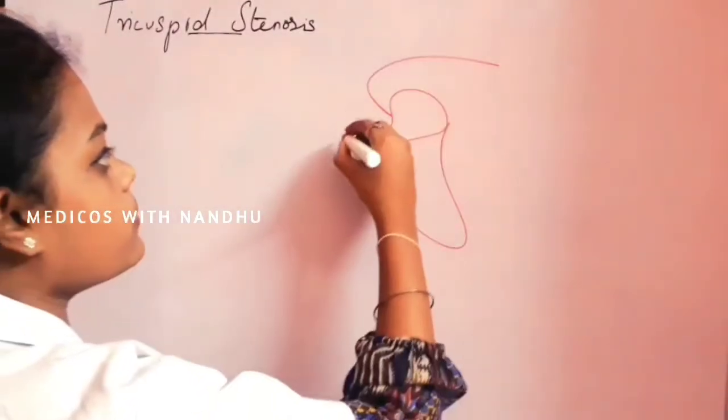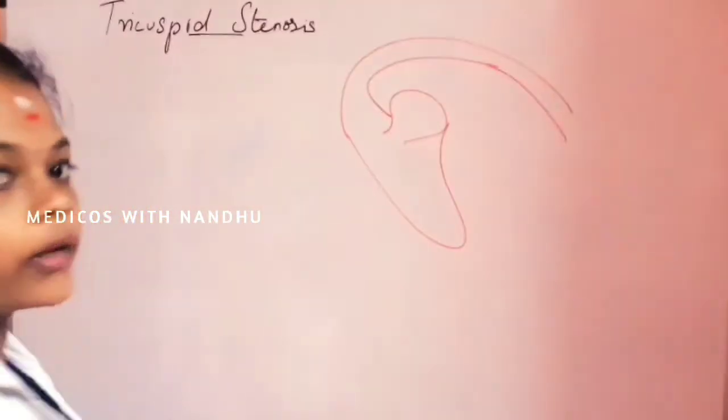Normally we have the left atrium, left ventricle and aorta.